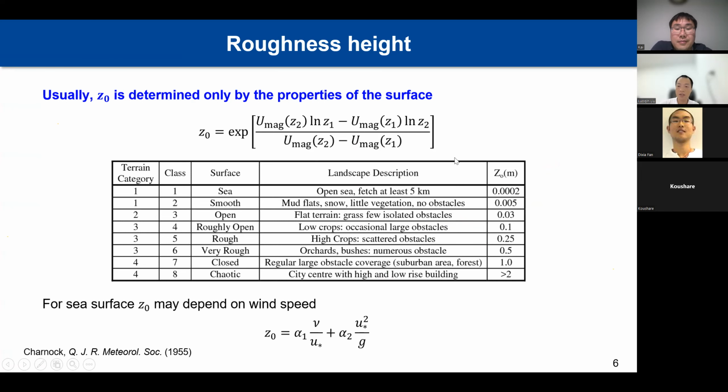However, in reality, the situation is more complicated, especially over the ocean, because over the ocean the roughness height may depend on the wind speed. But in this talk, we will focus on the former case. That means we will take the roughness height as a known quantity.